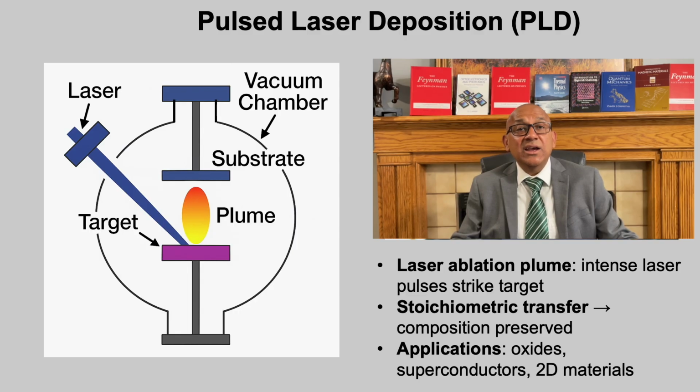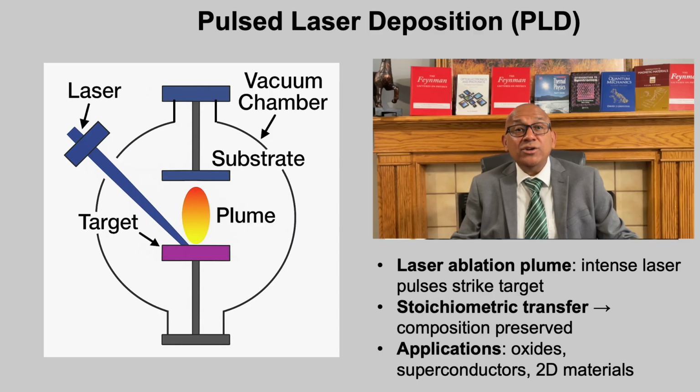In PLD, a high-energy pulse laser is focused onto a solid target in vacuum. The laser energy rapidly heats and vaporizes a small spot on the target, producing a highly energetic plasma plume that expands towards the substrate. A key advantage of PLD is stoichiometric transfer.